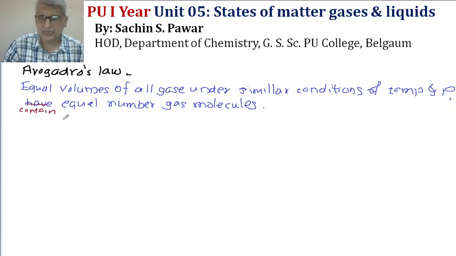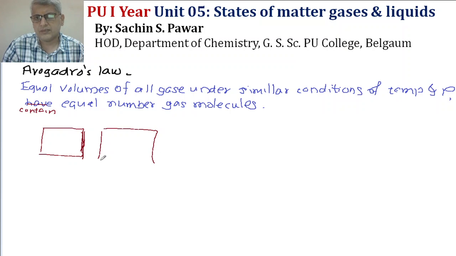Let us understand this. Suppose I have two containers. In this container I take equal volumes, say 22.4 liters of oxygen gas, and here I take 22.4 liters of nitrogen gas.